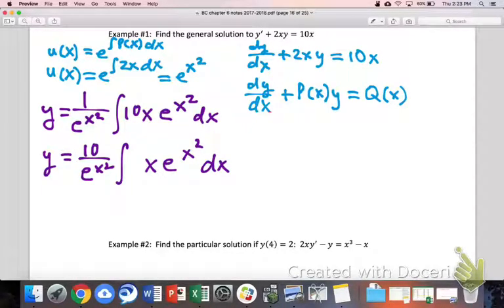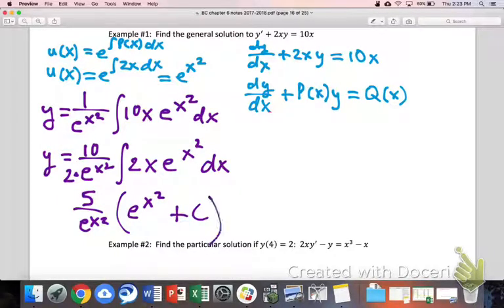You'd say that we're missing a factor of 2, so I'll put that 2 in there. We need to also divide by 2 on the outside if we're going to be doing that. So this would give me 5 over e to the x squared. The reverse chain rule is perfectly set up there on the inside, and so that ends up being e to the x squared plus c.